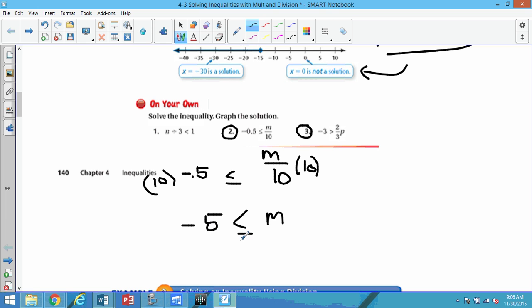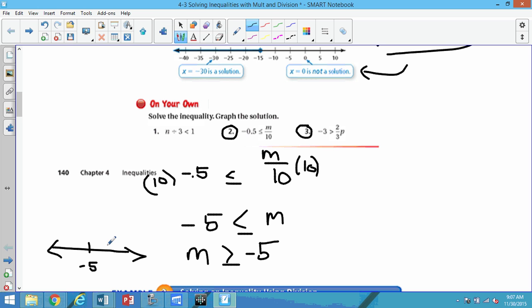Now, I want to graph that, but I want to follow the direction of my sign, so I need to rewrite that as m is greater than or equal to negative 5. And then when I graph it, I have a negative 5. Now 0 is over here. Okay, that's where 0 is.